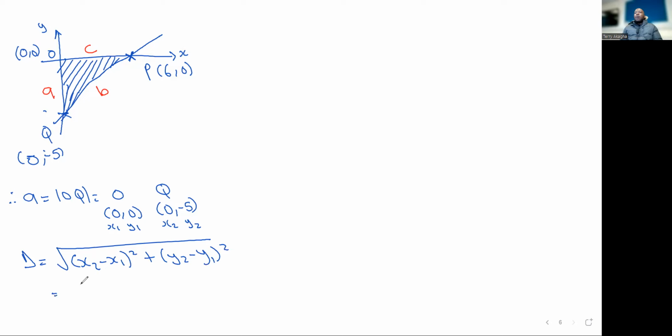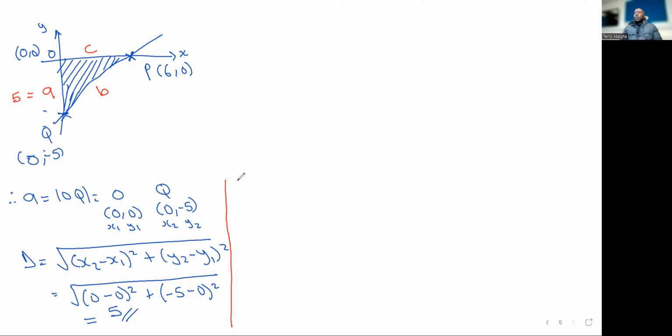That will give us the square root of 0 minus 0 squared, plus minus 5 minus 0 all squared. When you solve this in your calculator, this is 5 squared, that's 25. The square root of 25 will give you 5. So the distance is 5. So A will be equal to what? 5. A is equal to 5. Now let's go for B now.